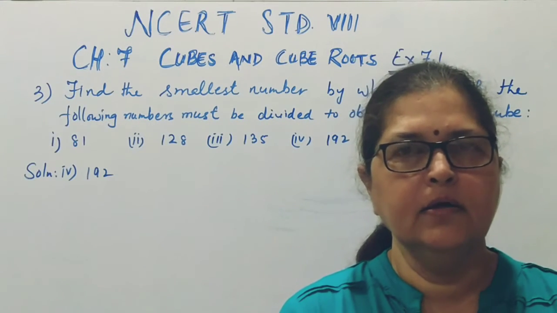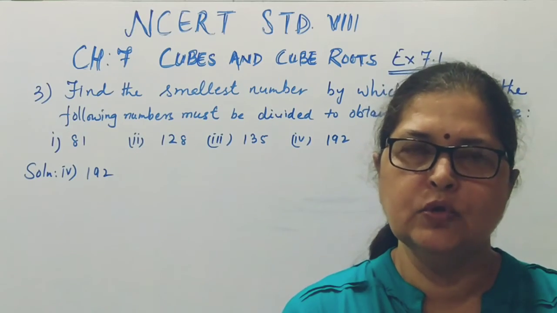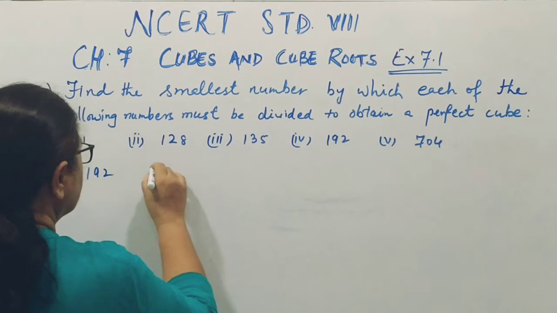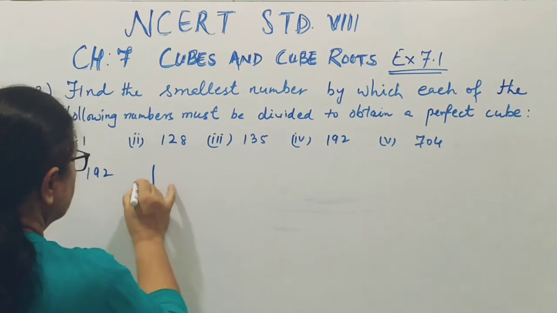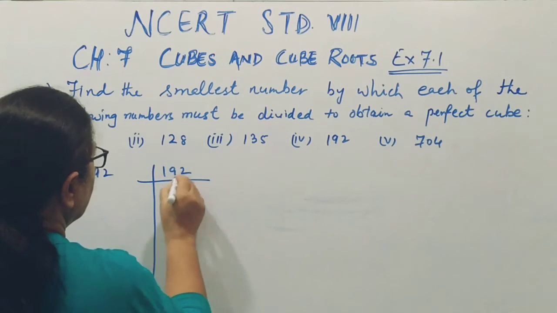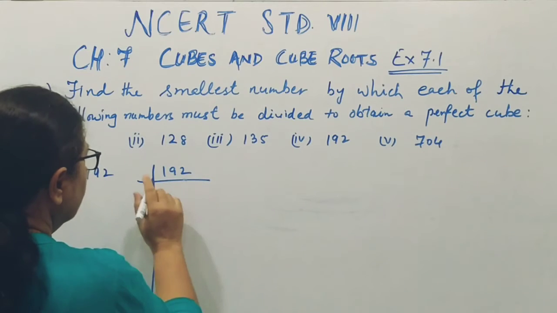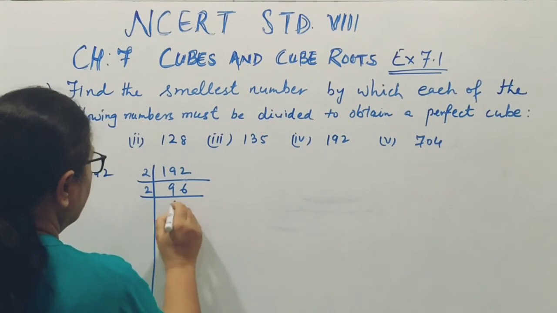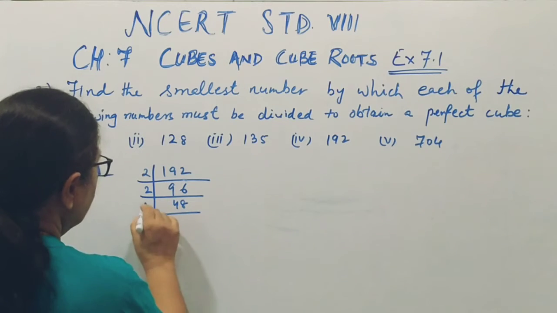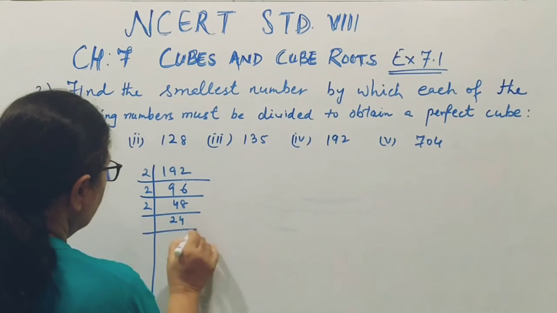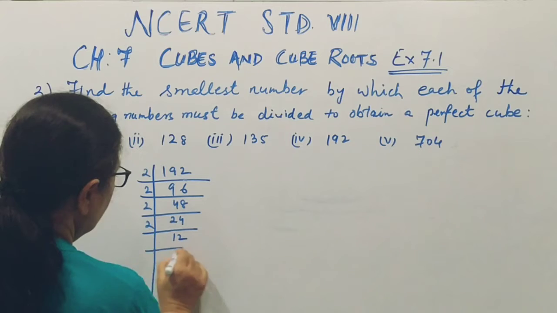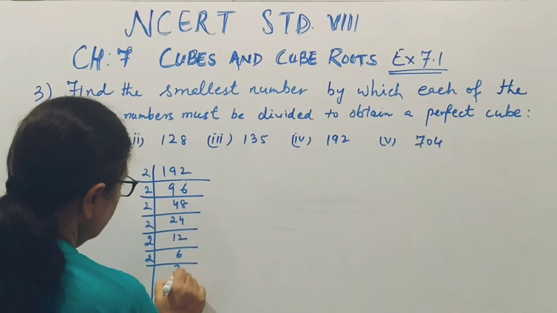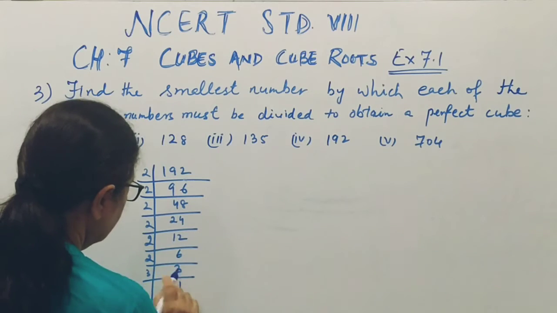Next, fourth part, the number is 192. Let us factorize it. It's an even number, so it is divisible by 2. Again by 2, again by 2, again by 2, again by 2, again by 2, then by 3.